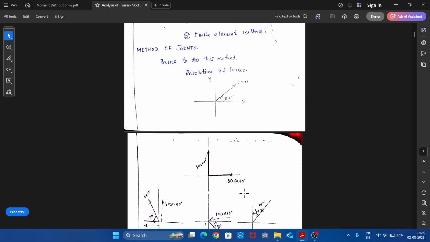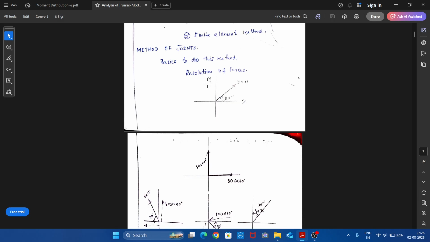Always we can have it like this, provided the force has inclination with respect to the horizontal axis. If we have the inclination with respect to the horizontal axis, we can blindly calculate the horizontal component as cos theta and the vertical component as sin theta.